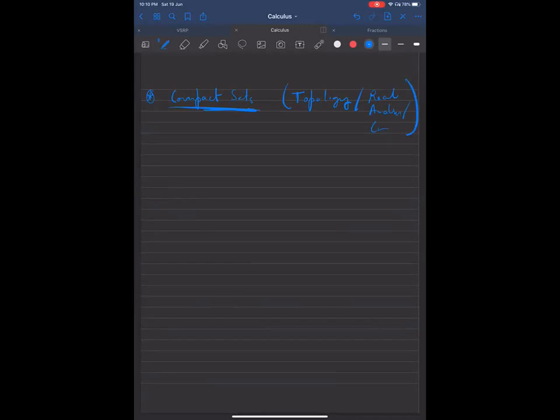Now, on R, the compact sets are just closed interval sets. These closed intervals, they are really special. Not just the closed intervals, but closed and bounded sets. If a set is both bounded and closed, then we can do a lot of things.